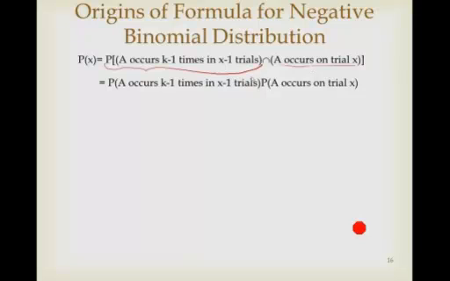Those two events have to intersect one another, so we can multiply them together, and this part can be written like this: x minus 1 factorial all over k minus 1 factorial, and then x minus 1 minus k minus 1 factorial.